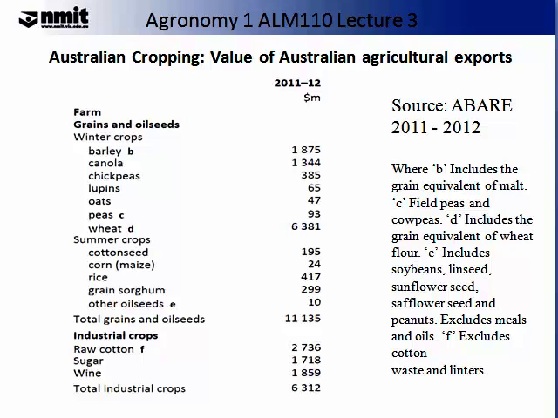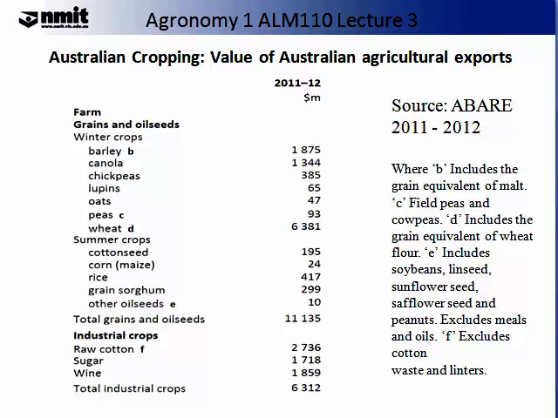When we look at agronomy from the ABS perspective, it is separated into two major categories: farm grains and oilseeds and farm industrial crops. The farm grains and oilseeds category is subcategorized again into winter crops and summer crops.